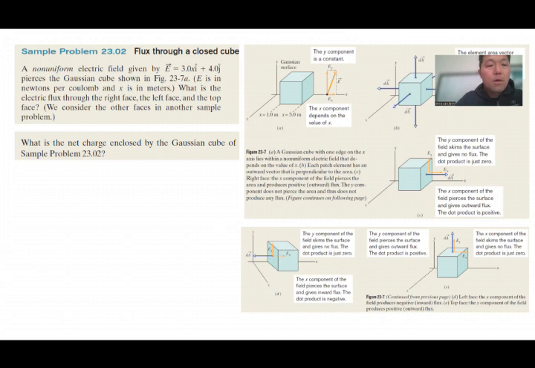The second question is, what is the net charge enclosed by the Gaussian cube of sample problem 3.02? Based on Gauss's law, the net charge enclosed by the Gaussian surface is given by the total integral of the electric field over the total surface of the Gaussian cube.